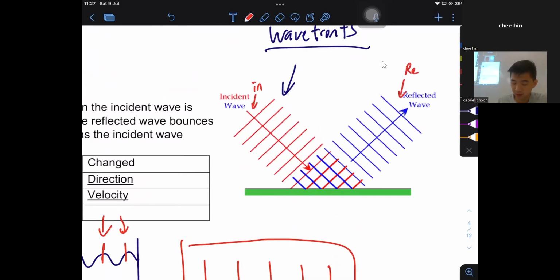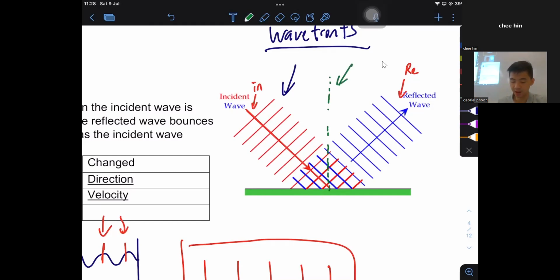The incident wave and reflected wave will have an incident angle and also a reflected angle. The angles are dependent on where this thing hits the barrier. So let's imagine it hits somewhere here. If it hits somewhere here, I'm going to construct a normal that is perpendicular to the surface that it hits.